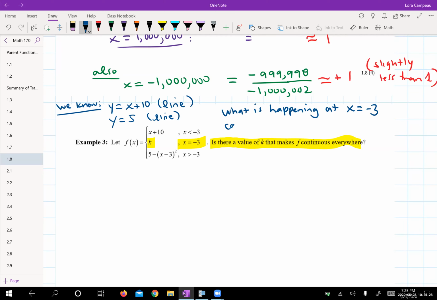Can you fill in k to connect the 2 pieces? So we have a line, x plus 10, and a parabola, 5 minus x minus 3 squared.